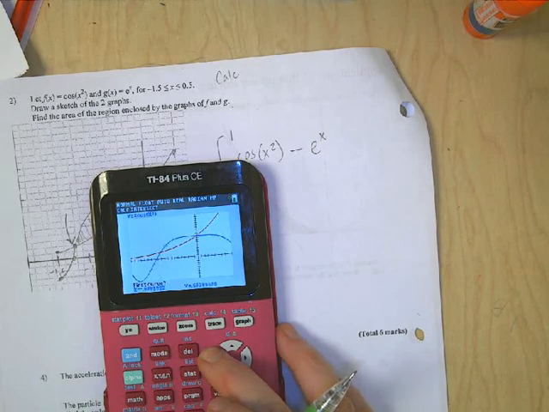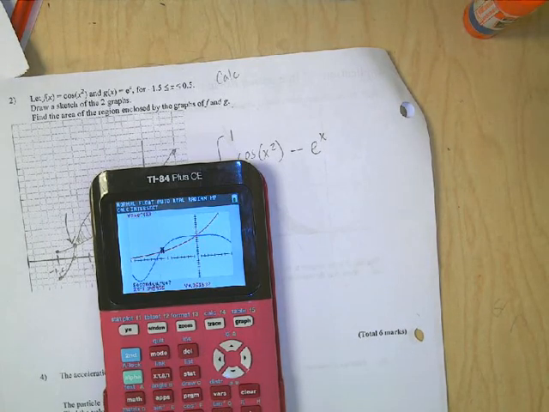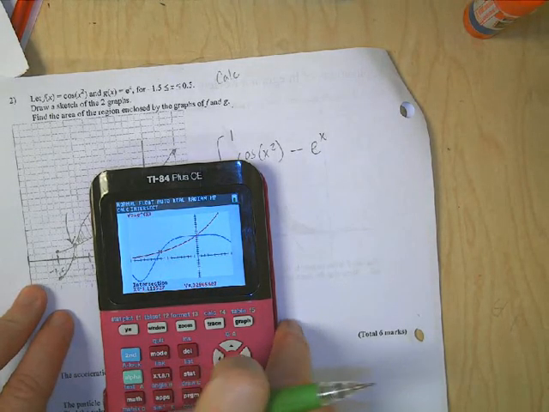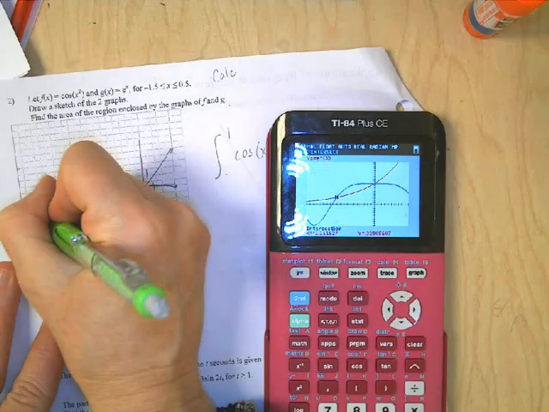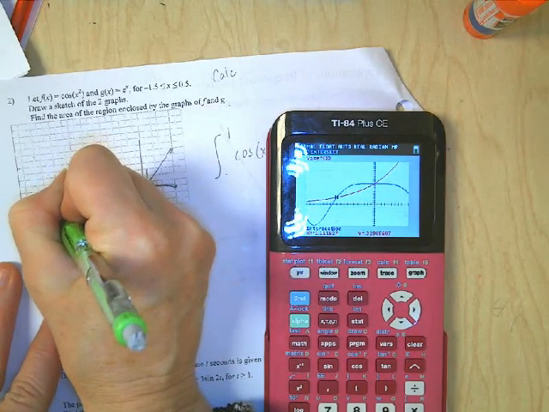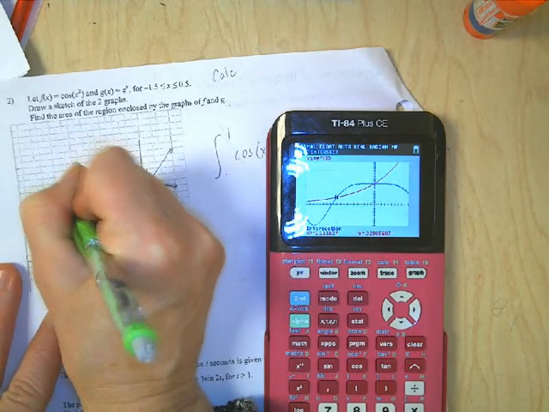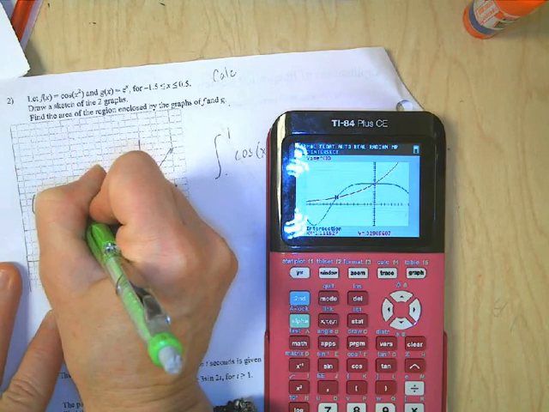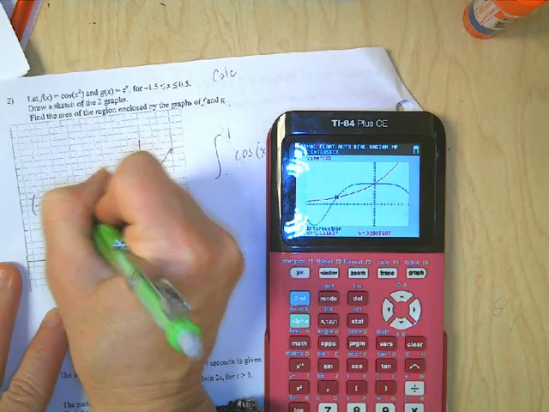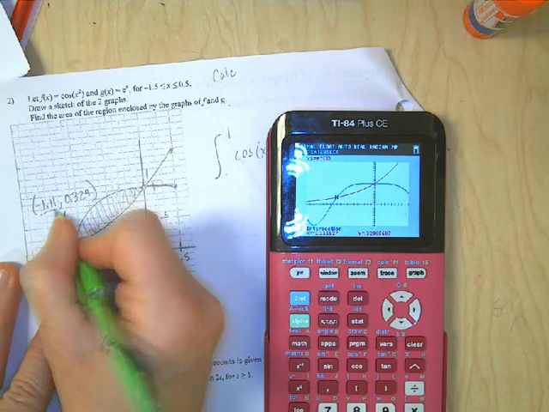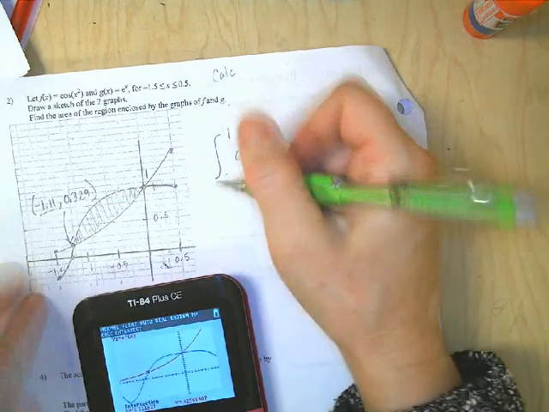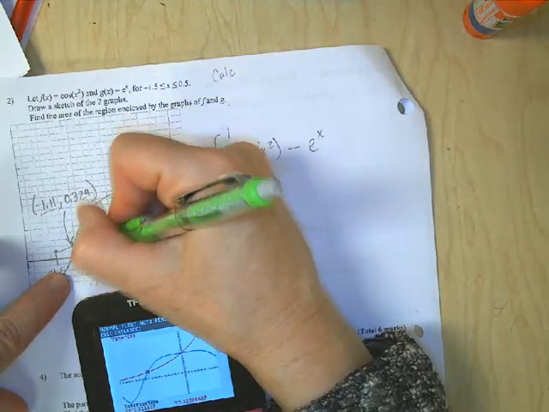Now I'm close to it, enter, enter, enter, and it gives me the intersection at negative 1.111, 0.329. That's the intersection, but I only care about the x coordinate because that's where I'm going to integrate from this x over to this x.